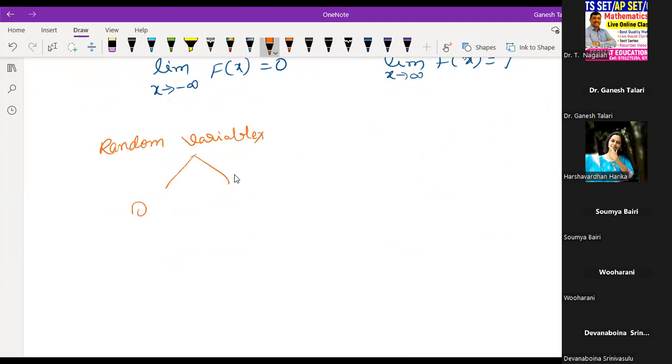One is discrete, the other one is continuous. What does it mean by discrete? A countable number of values. If your random variable takes a countable number of values, then you can say it is discrete. Or else, if it is continuous, you are describing your random variable within certain intervals. That is continuous.